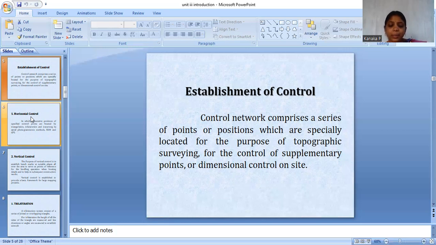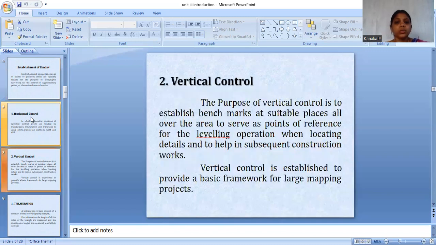Triangulation is the best and the most accurate method. It is used for very extensive surveys. Two systems of horizontal control are used: the first is primary and the second is secondary. Primary control is established by triangulation, and secondary control is established by transit or tape traverse.